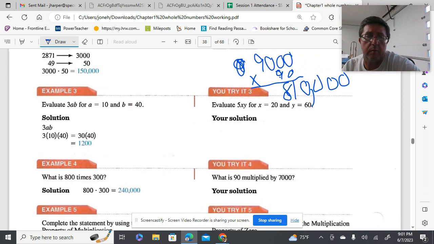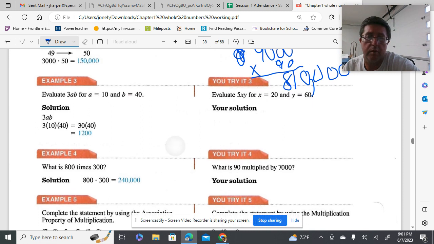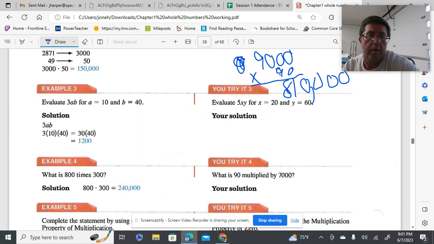Now, it wants us to evaluate 3AB. So that would be 3 times A times B. So if A equals 10, we would take 3 times 10, which would be 30. And B equals 40.